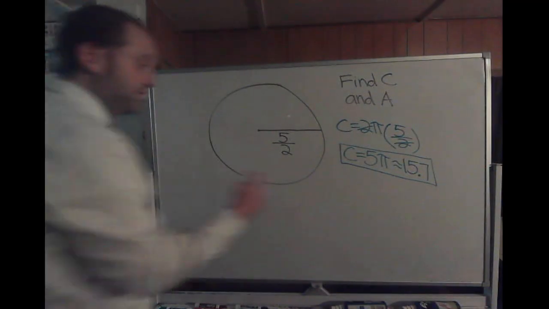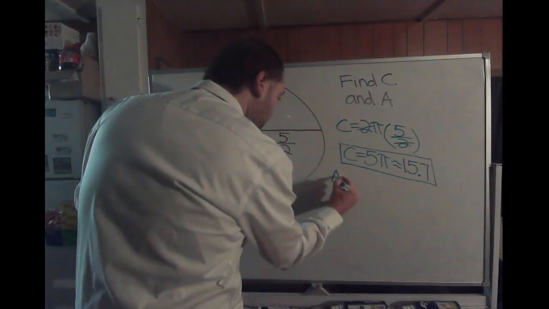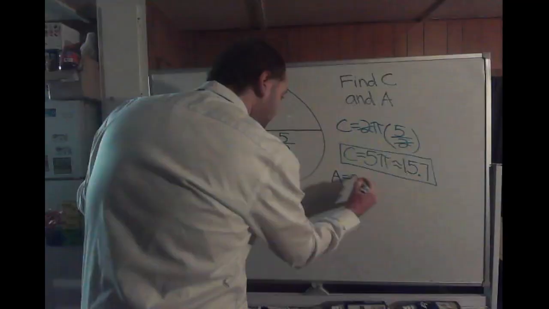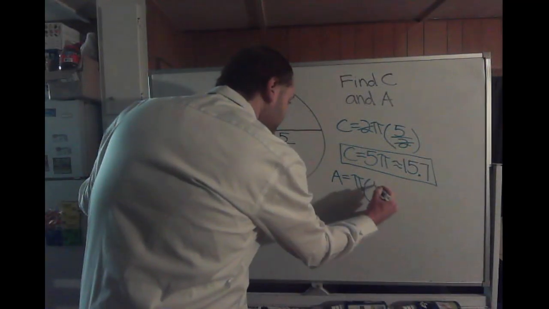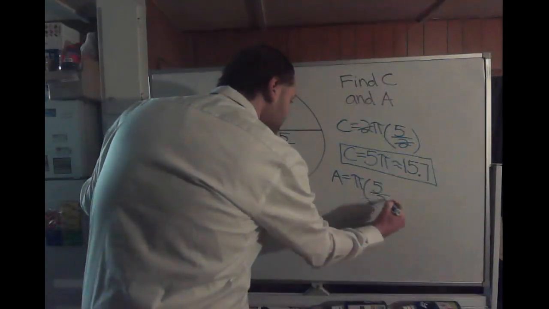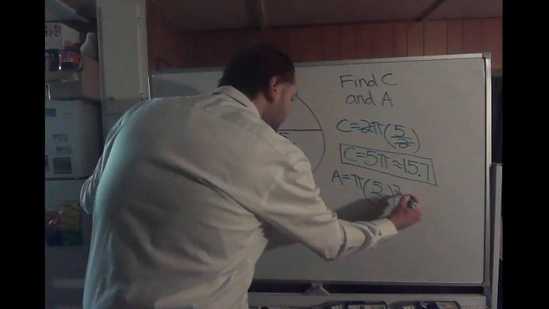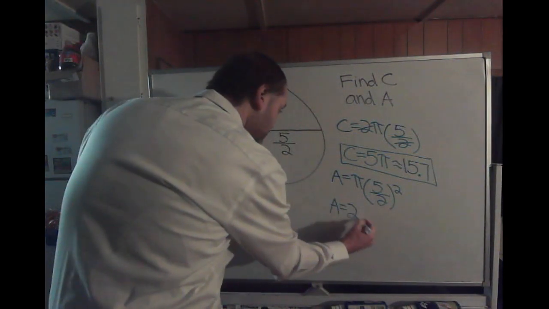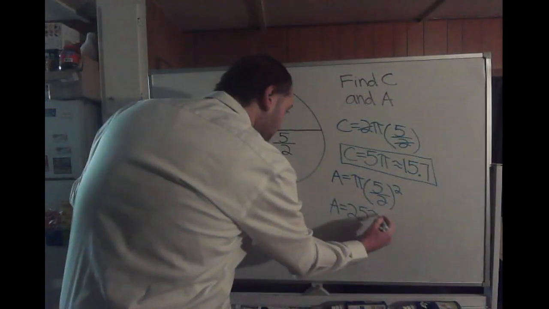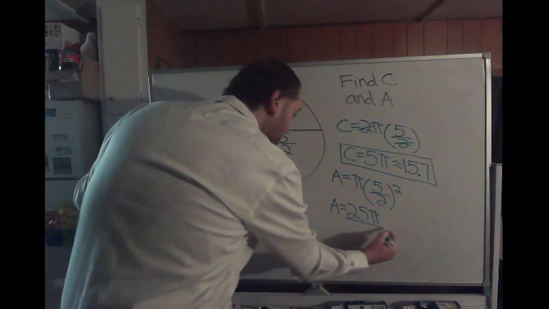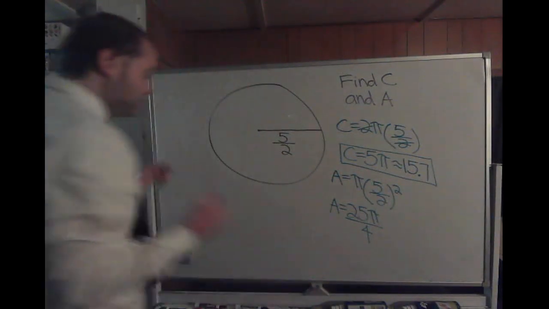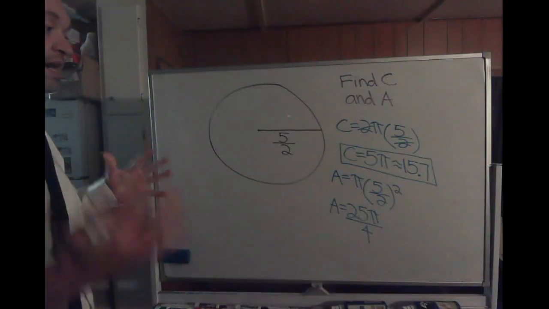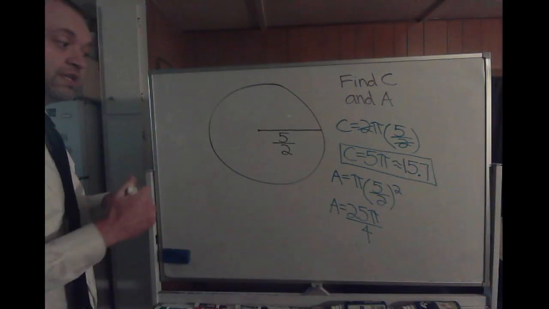Now let's go ahead and find the area. The area, of course, is equal to pi times that radius of 5 halves to the second power, which means the area is going to be exactly 25 pi over 4 square units. 25 pi over 4 square units would be the exact area.